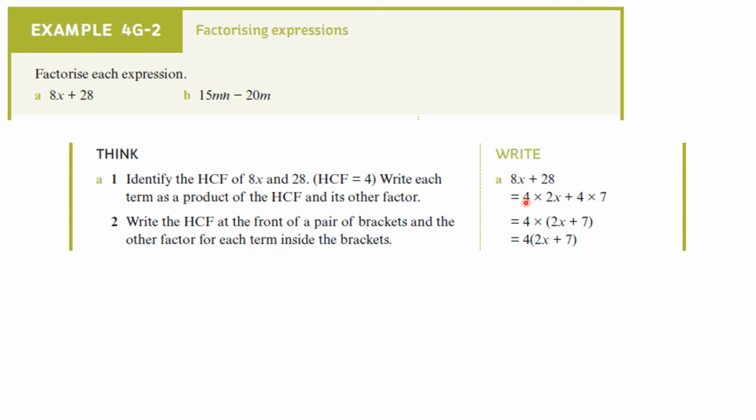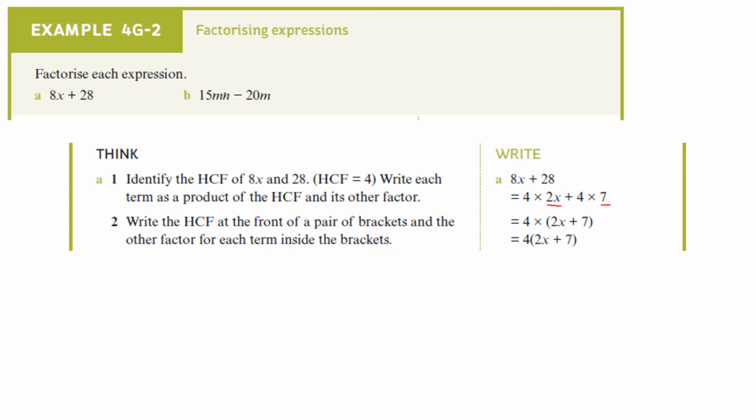They have to show that common 4, which they do, and then we can proceed to taking this 4 out the front of a pair of brackets, and then I'm going to write what's left over in the set of brackets. So here, this 2x and this 7 is now what gets written in my set of brackets, because I've already got the 4 out the front. Then I just need to get rid of this times sign and just write it like that.